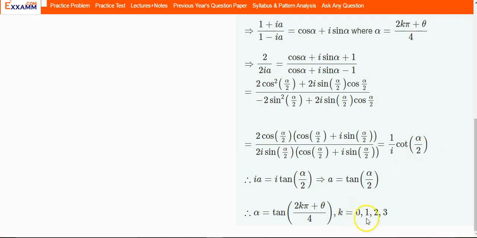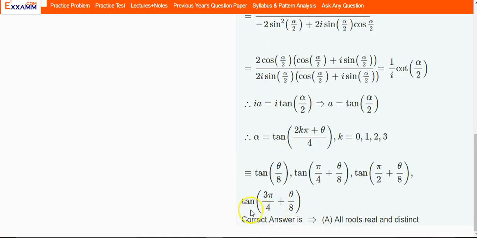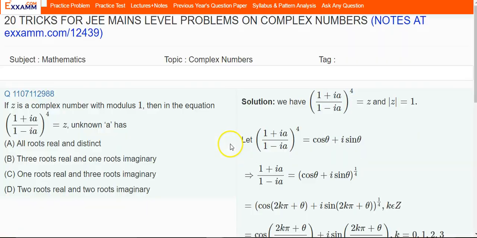Now when we put these values, we get the answers as tan(3 pi by 4 plus theta by 8), that is, these are the 4 values we get, tan(theta by 8), tan(pi by 4 plus theta by 8), and so on. So we know that all roots are real and distinct, and the correct answer is A here.